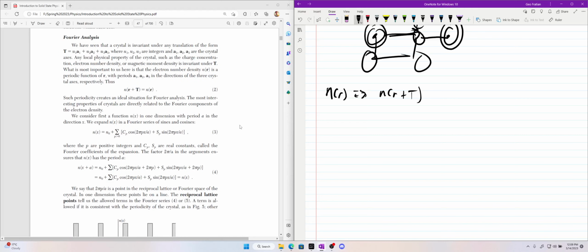So first, let's consider in one dimension the function n of x. We can expand it into a Fourier series of sines and cosines. So you start off with n naught, plus the sum over p of Cp cosine of 2 pi p x over a plus Sp sine of 2 pi p x over a.